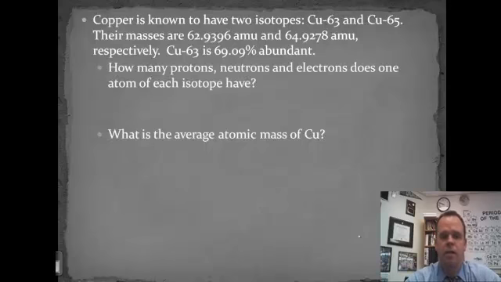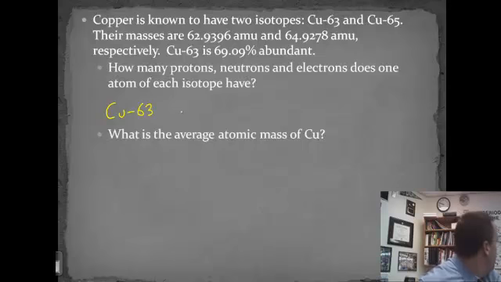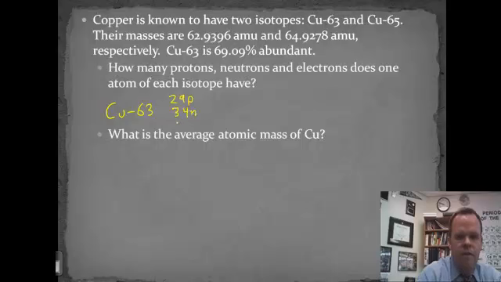I would pause here, try this problem yourself, and then press play and see my answer. So in the first case, copper-63. We know copper has 29 protons. So 63 minus 29, or 34 neutrons, and it's neutral, so 29 electrons.